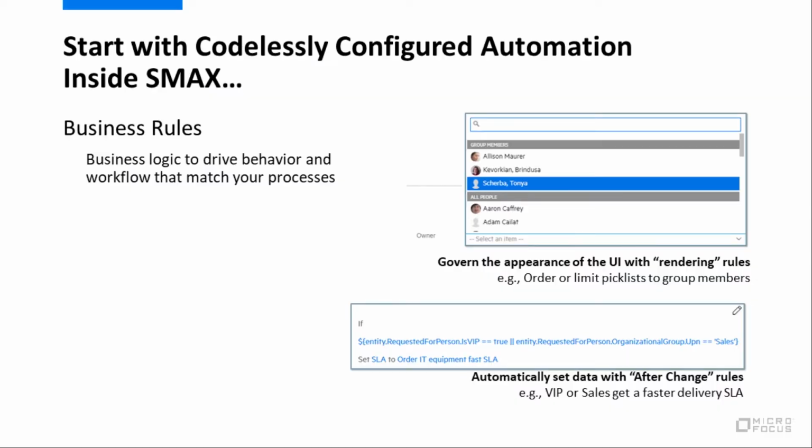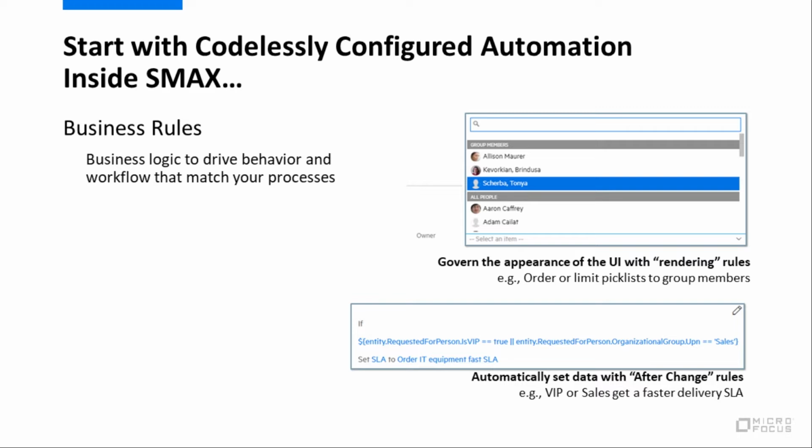So you can start with codeless configuration automation inside SMAX by defining business rules. On all the items that I presented before, request fulfillment, incident management, and change management, you have the possibility as of today to add business rules.